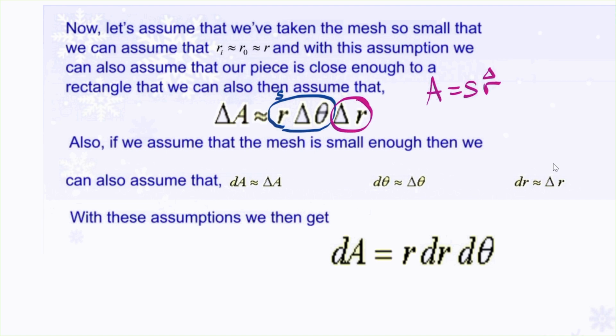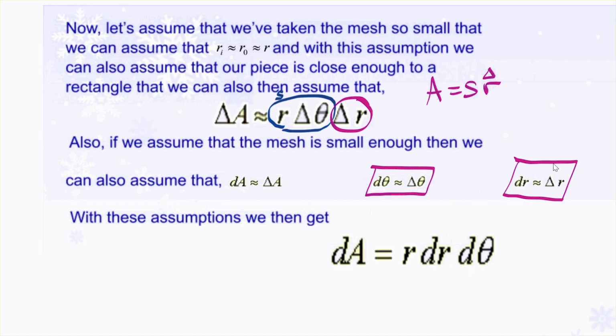Now we know we can take this from a lens of carving up infinitely small little rectangular-like pieces to calculus if we do an infinite number of those little pieces. And so if we go to infinity, we can say that d theta equals delta theta, and dr is approximately equal to delta r.